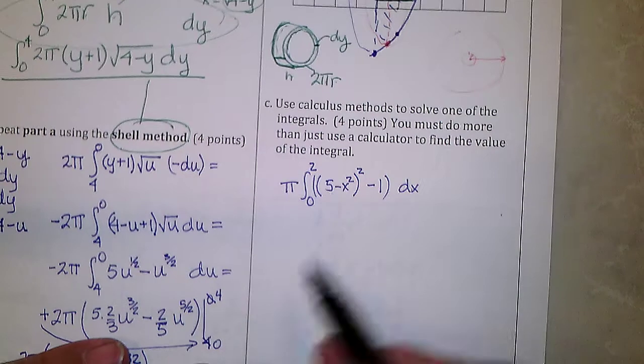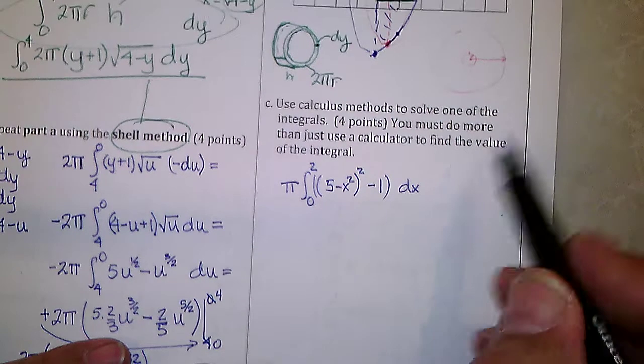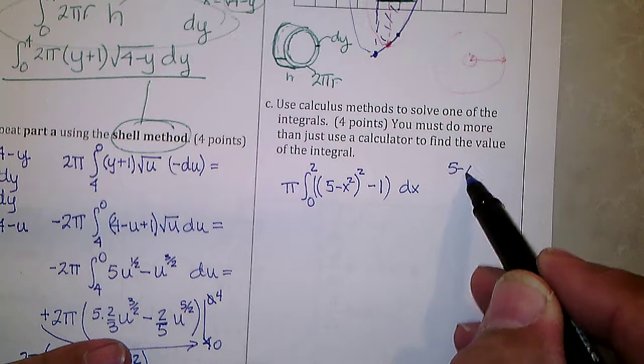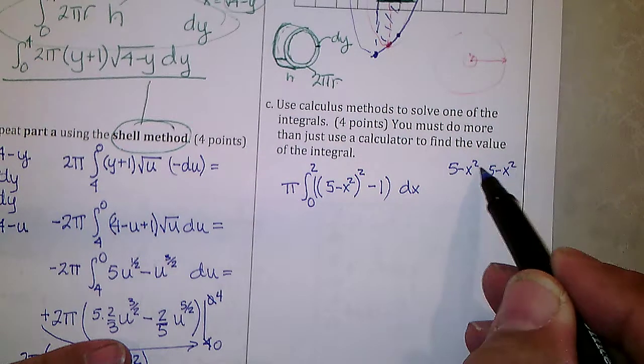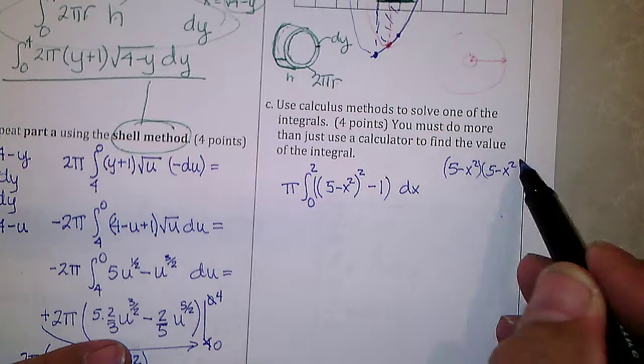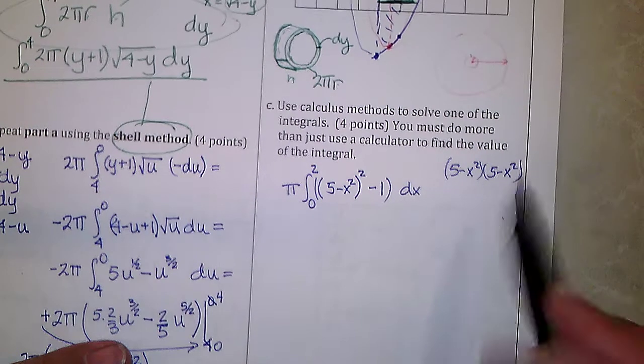Okay, so I'm going to take 5 minus x squared times 5 minus x squared, because it says square that radius.